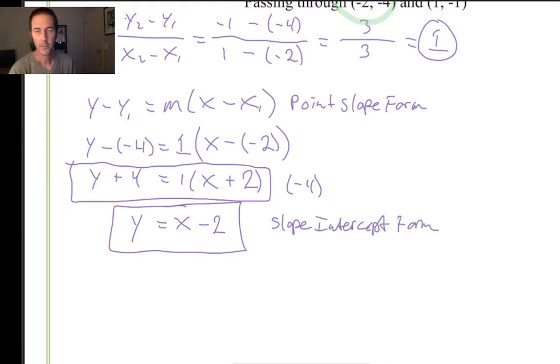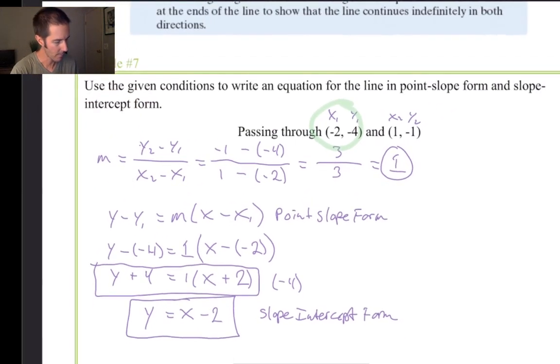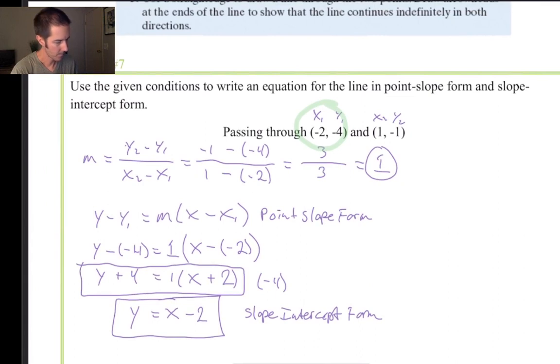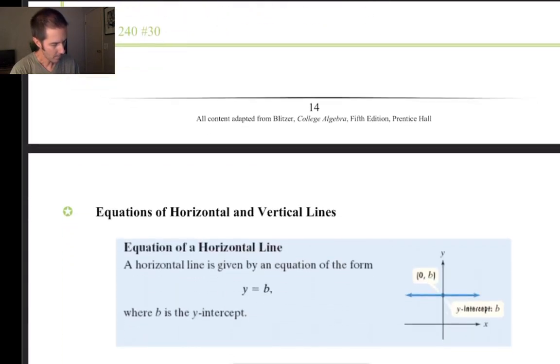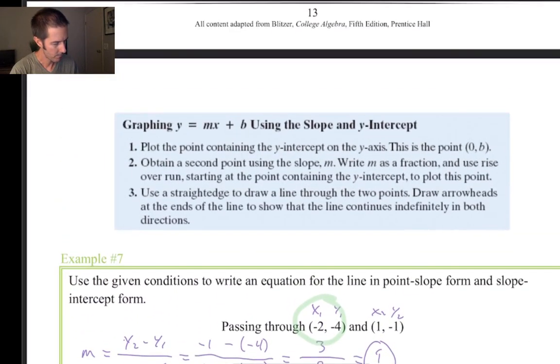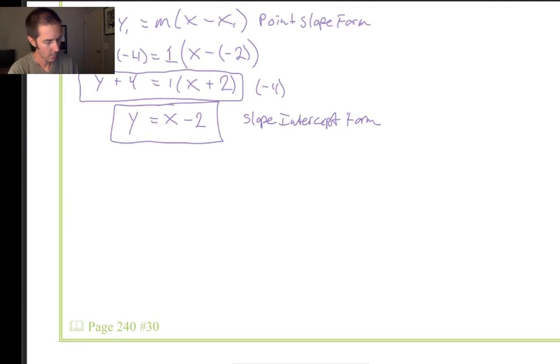From slope-intercept form, it's very easy to do our graphing. And I don't think this question asked us to graph it. It didn't, but let's graph it anyway. Is there an available graph that we could use? Not nearby. Okay, so let's just draw ourselves a quick graph.